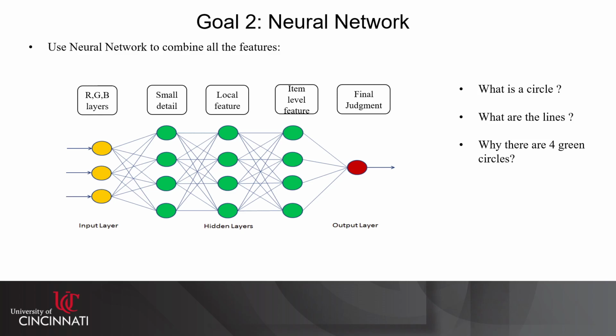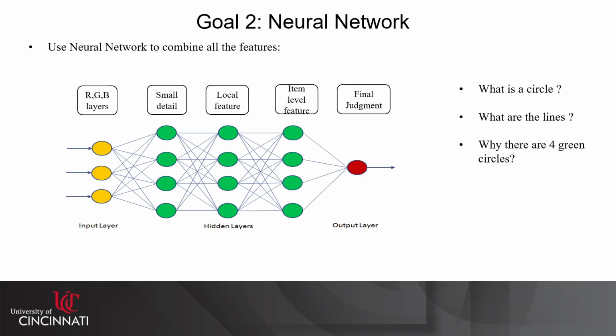So, given we are trying to recognize images, we will use this basic structure of the model to combine all the features. Now this may seem really confusing to you guys.